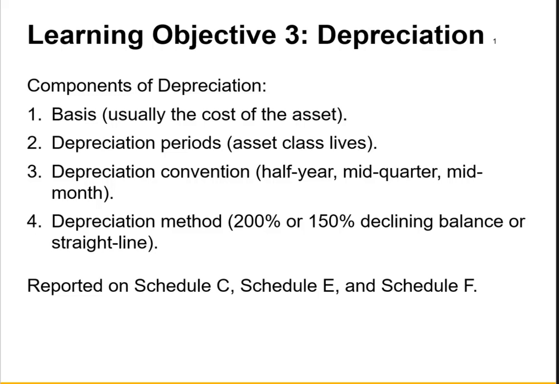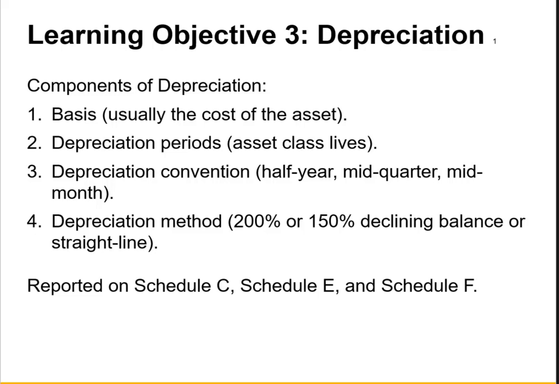These are all part of reporting on your Schedule C, so you can have a business run for profit that has depreciation. You can have a rental property, which we'll learn in a later chapter, that will have to calculate depreciation, Schedule E, or a farm, which we really don't get into in this class, because for the most part it operates pretty much the same as a Schedule C. So it's not worth separating out.